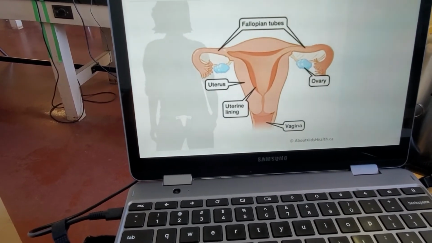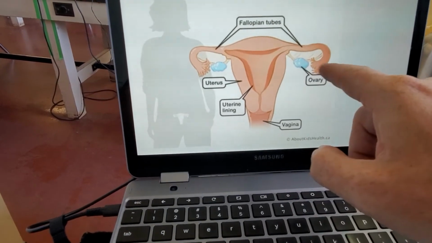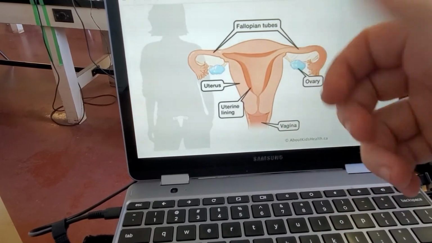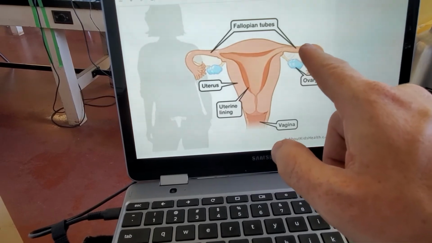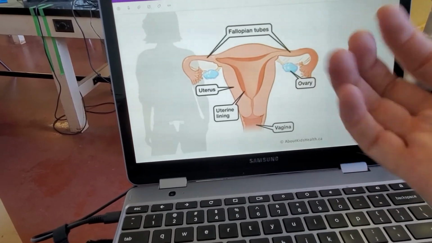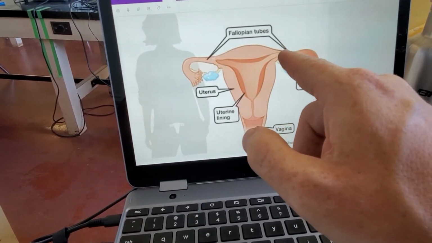They're sort of like fingers that gently caress the ovary. It's all very nice. And then it bounces along down the fallopian tube, moved along by gentle cilia that push it along.